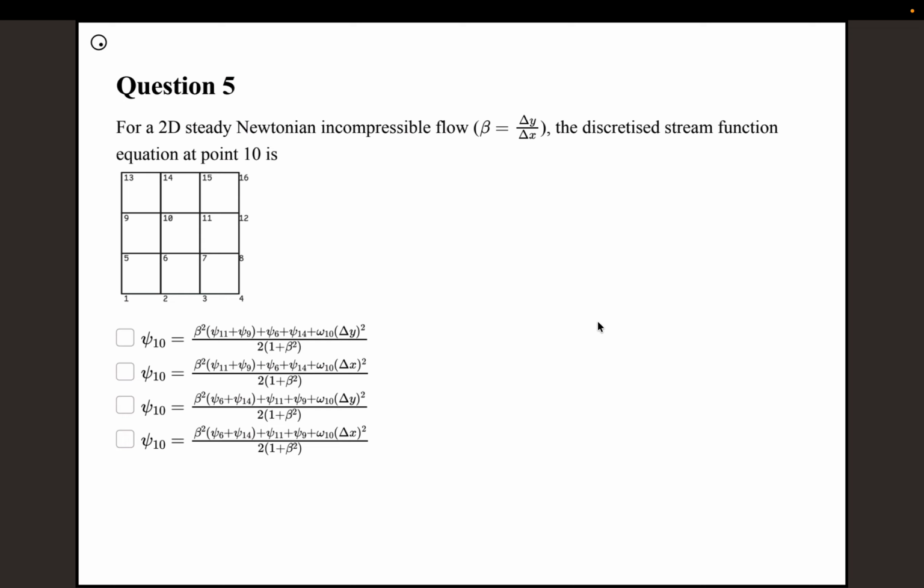This is again about writing the discretized stream function equation at a point 10, which is this particular point. If beta is delta y by delta x, this is more about writing the equation. These are the kind of questions you can expect in your exam if you are appearing for the exam. So the governing equation is del square psi, we'll just write it as omega is minus psi xx plus psi yy, where if you want to discretize this around a given point 10, omega 10 will be, psi xx you can use a second order stencil for this.